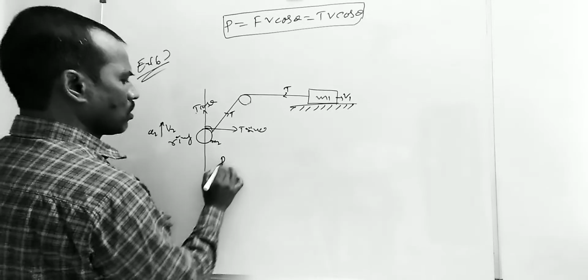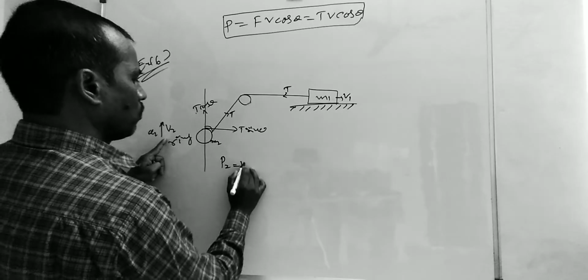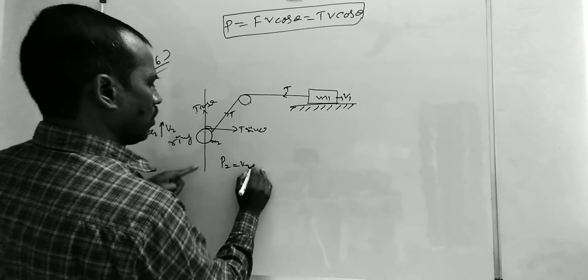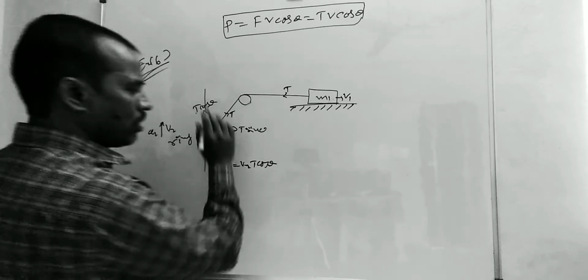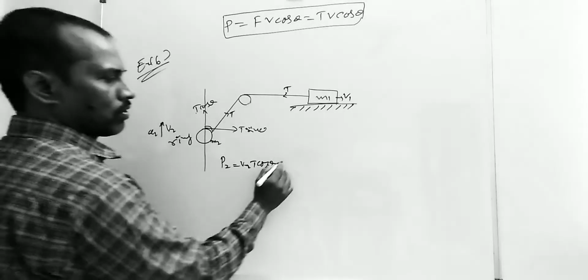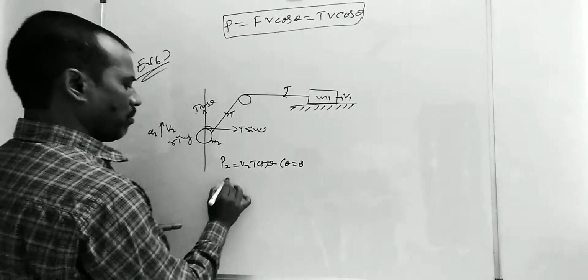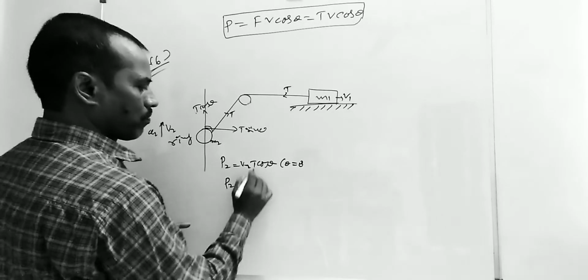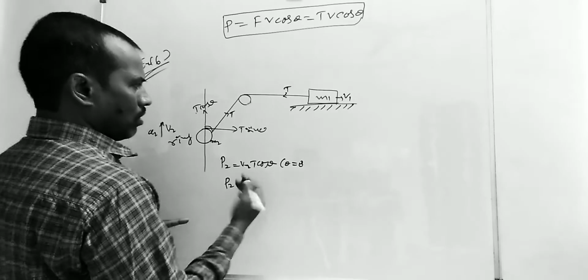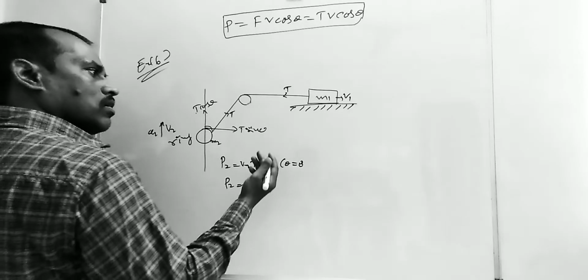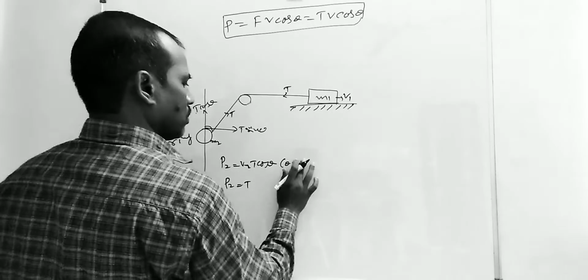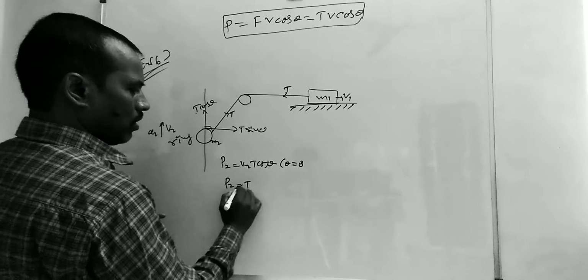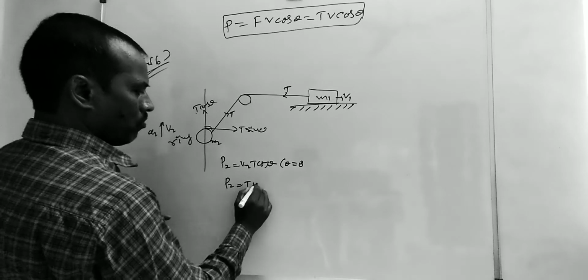P2 is equal to velocity v2 times tension T cos theta, with theta equal to 0 degrees, so P2 is T v2 cos theta.